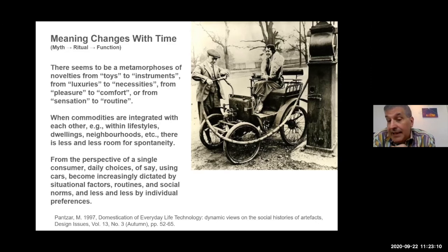It eventually became a ritual, saying something about what class you belong to, what kind of profession you do. The doctor of the village had a car type thing. And then eventually it becomes fully commoditized and functional as life changes. Everybody needs one to get to work. So this is an example of a migration of meaning from an initial heroic stage to a final commoditized stage fairly rapidly in about a century.